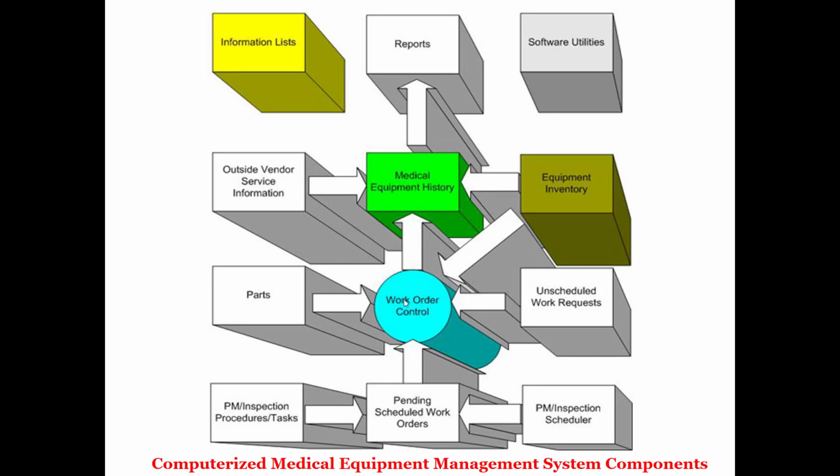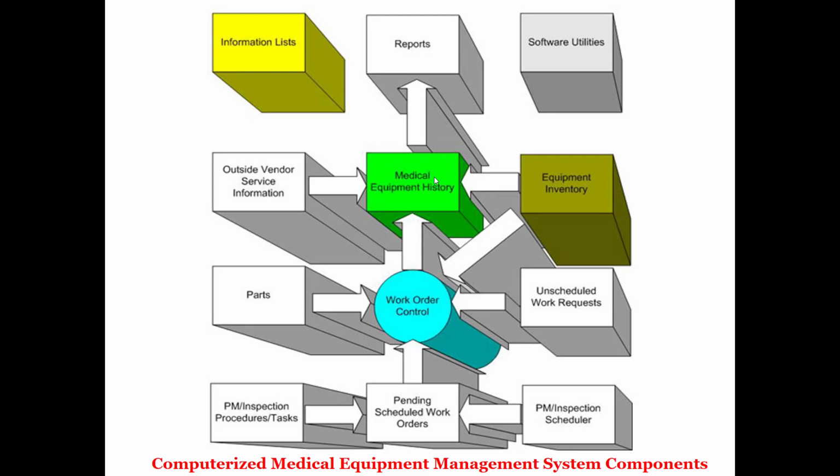So we have different inputs, as we can see here. For the work order control, we have the pending scheduled work orders and unscheduled work requests. We have input also from parts and equipment inventory. The output of the work order control will be for the medical equipment history.